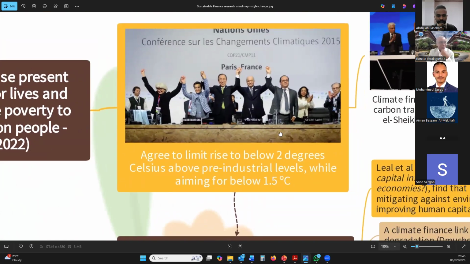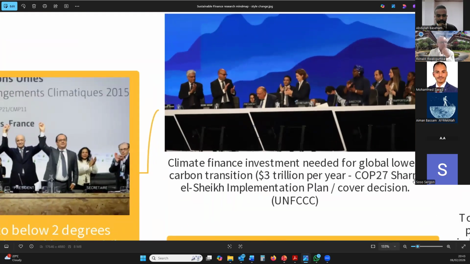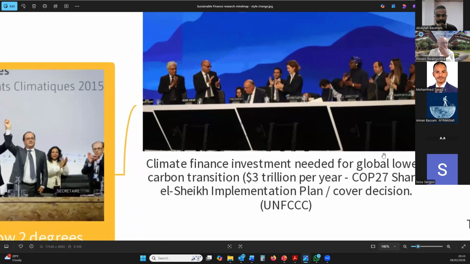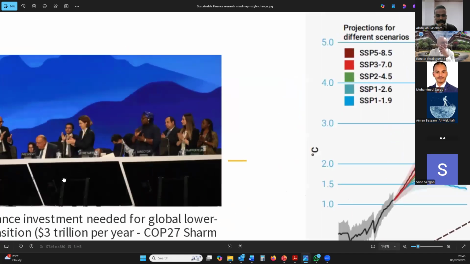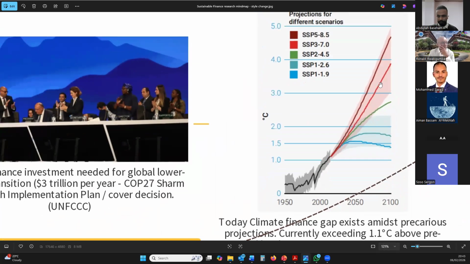So if I fast forward to 2020, this was in Egypt, Sharm el-Sheikh, and the Conference of Parties 27. I think this must have been 2022 or 2023, when people in Egypt said, "Oh, the world needs 3 trillion to solve this problem. If we want this graph not to be doomsday and it maybe stays, this graph drops."